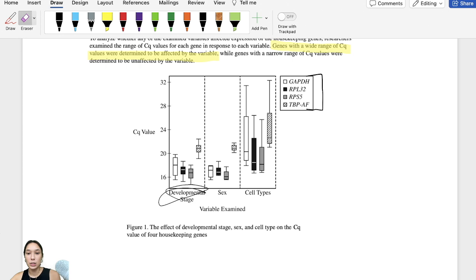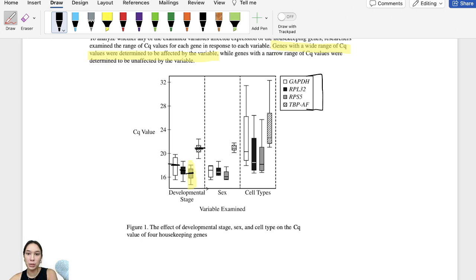So in this case, we're looking only at developmental stage. The one that is the lowest is this one right here, the lowest median CQ value. Again, this one is the lowest regardless, but the median is right here. So this median is lower than this one, and then this one here.